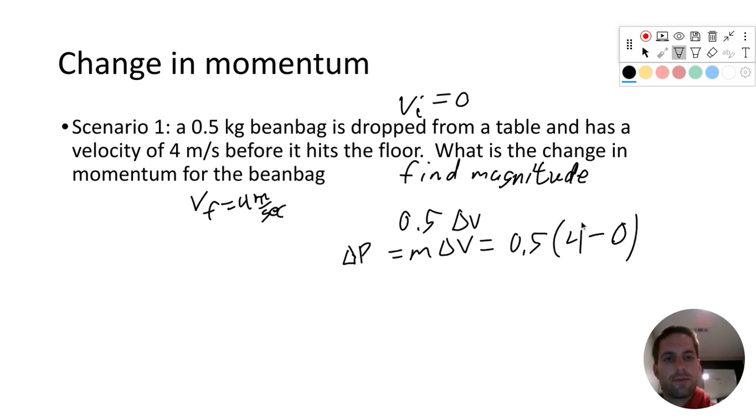We'll say down is positive, or just use the magnitude of this. Just want to know the value instead of having to worry about negative or positive here. So just 4 times 0.5, or 4 over 2, which is 2 kilograms meters over seconds.